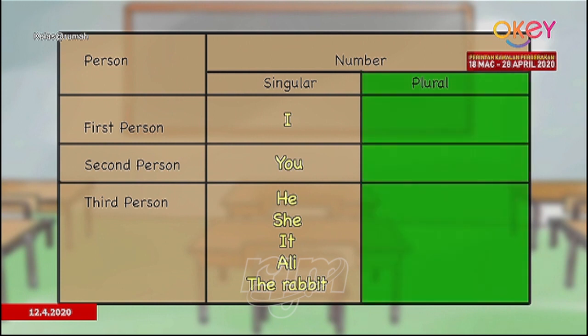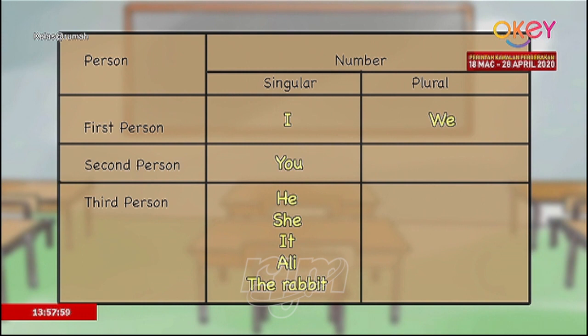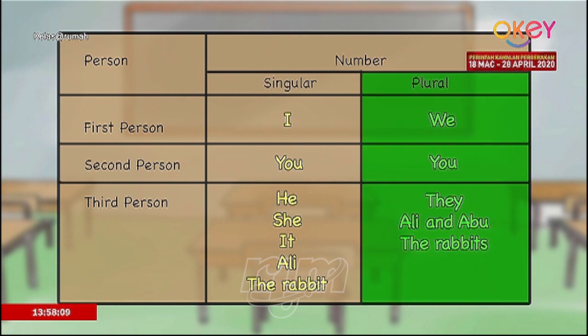Meanwhile, on the right, we, you, they, Ali and Abu, and the rabbits are considered as plural subjects.